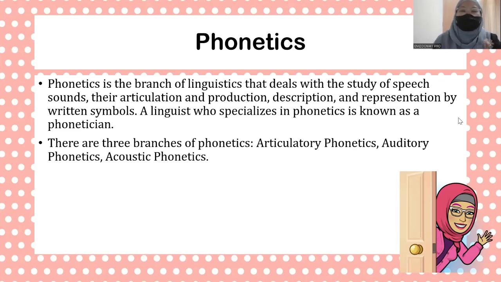A linguist who specializes in phonetics is known as a phonetician. There are three branches of phonetics: articulatory phonetics, auditory phonetics, and acoustic phonetics. And you have to remember that phonetics does not apply to English only, but to all languages in the world, explaining how words are pronounced.